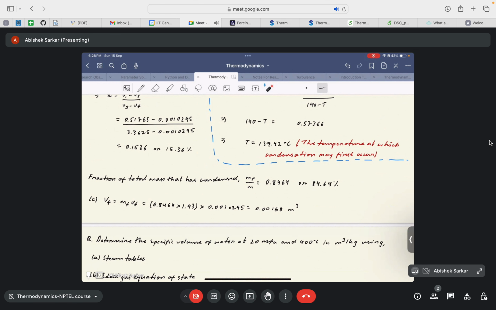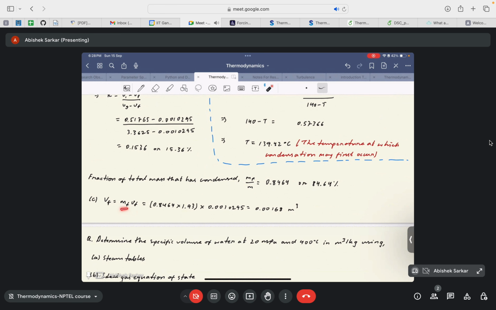It can be found by this equation, mf into vf, that is the specific volume of fluid. That is also known, and this is also known, so you can easily find it out now. You can find this by multiplying the fraction of the fluid in the mixture into the total mass, that is 1.93.